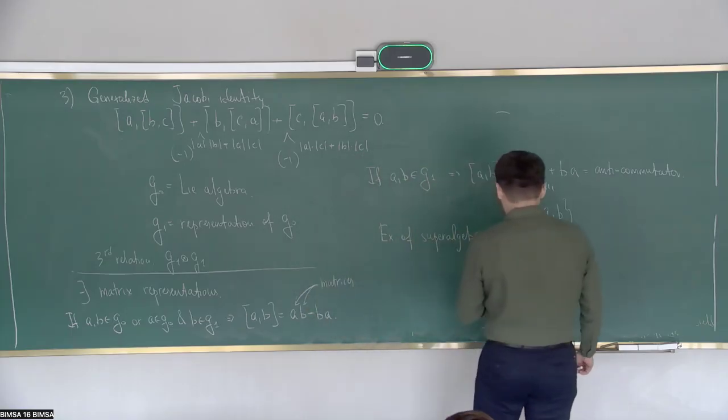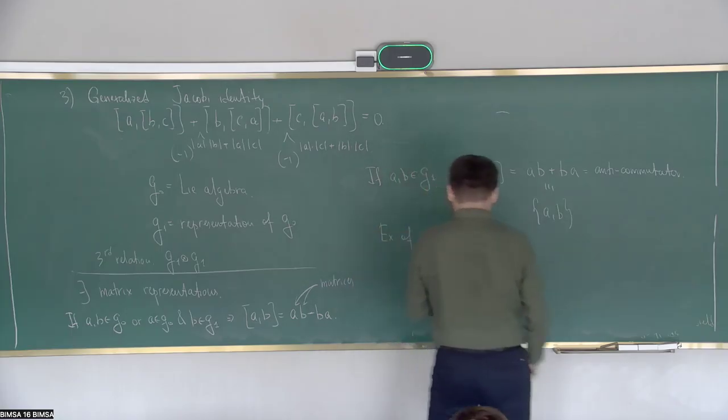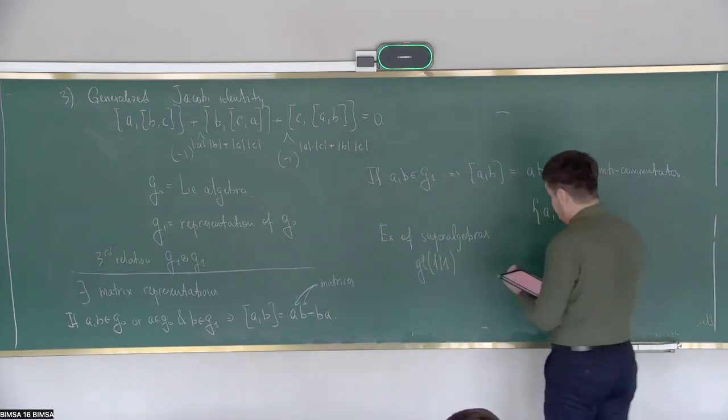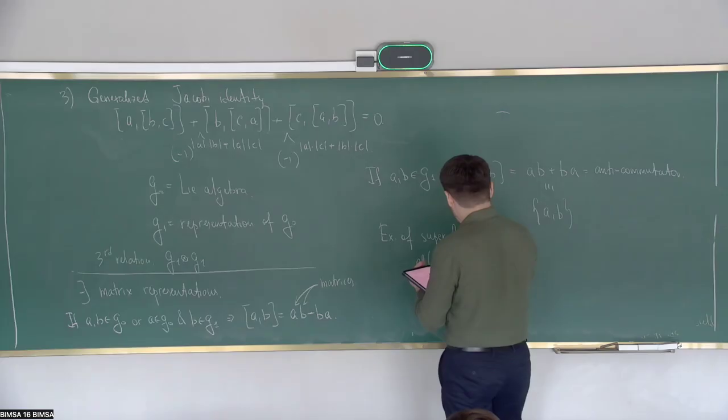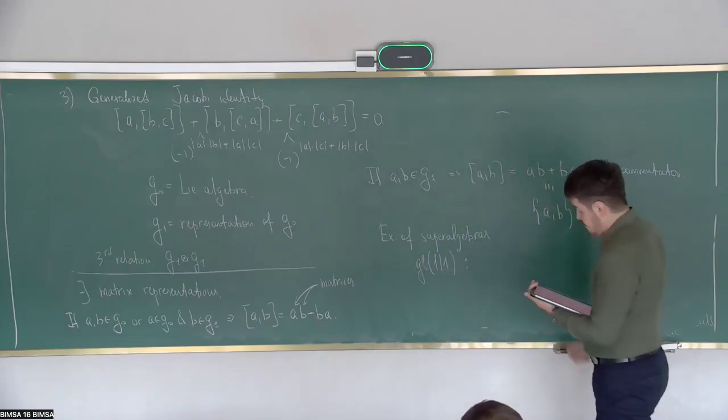One of the basic examples is GL(1|1). So GL(1|1) superalgebra is a superalgebra composed of 2 by 2 matrices.